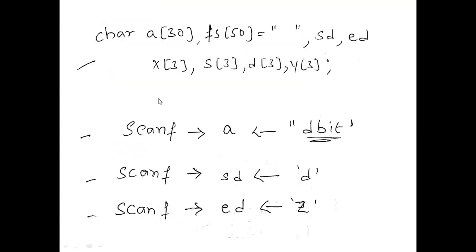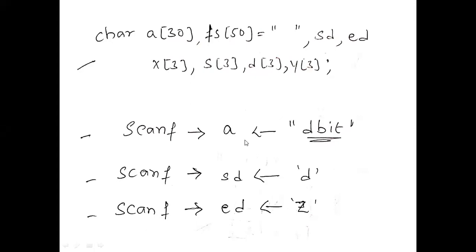First things first. We have a character array a of size 30, and an array called fs of size 50, which we have initialized to an empty string. Double quotes without anything represent an empty string. We also have two more character variables, sd and ed. Then x of 3, s of 3, d of 3, and y of 3: x, s, d, and y are all arrays of length 3.